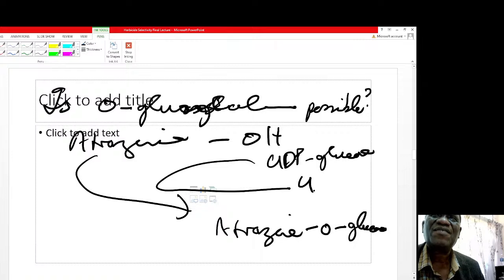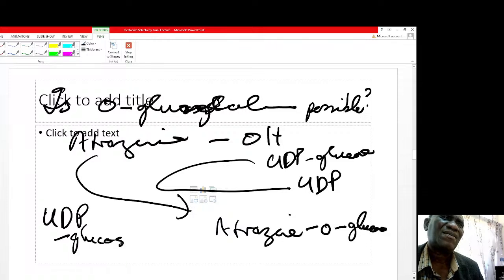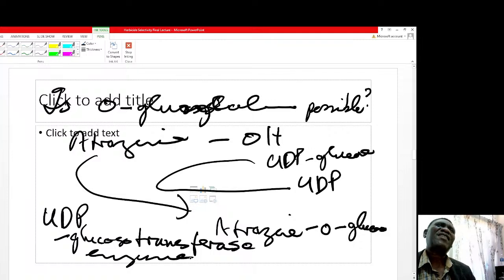This will give us UDP, and we need UDP glucose transferase enzyme to facilitate this reaction, which produces this atrazine O-glucose. Well, this may be a possibility.